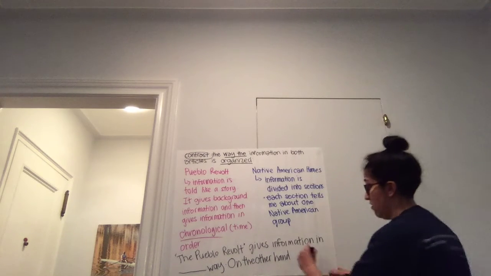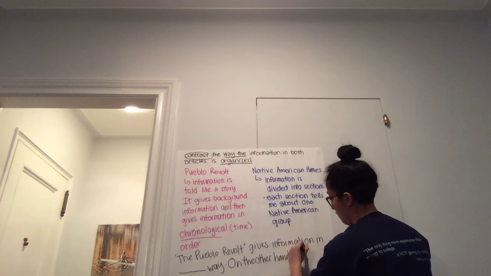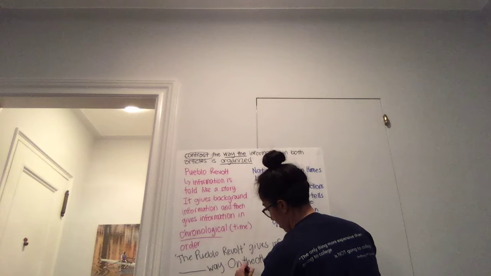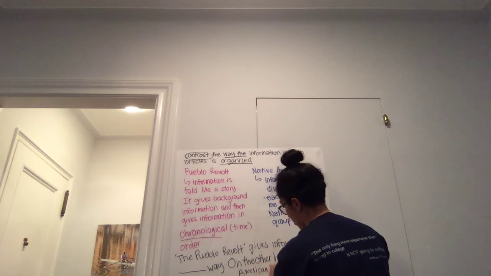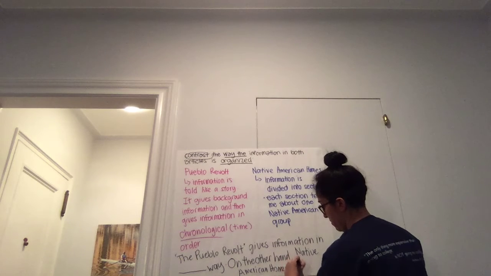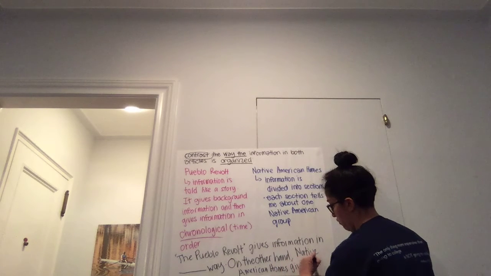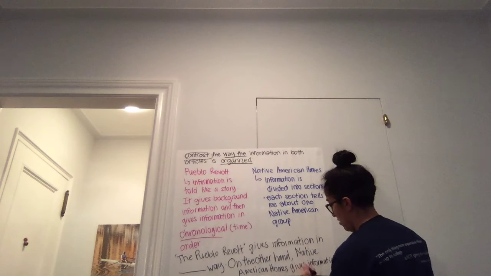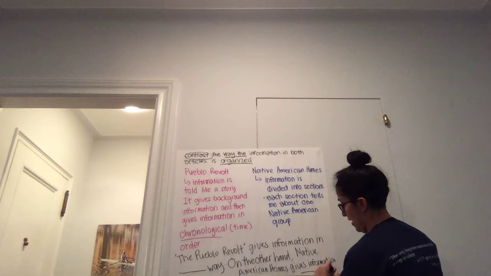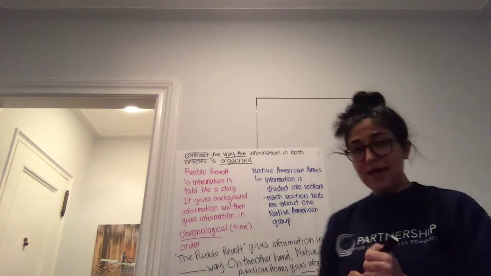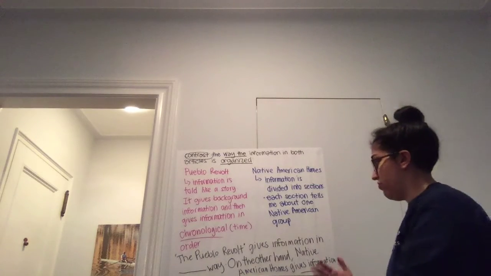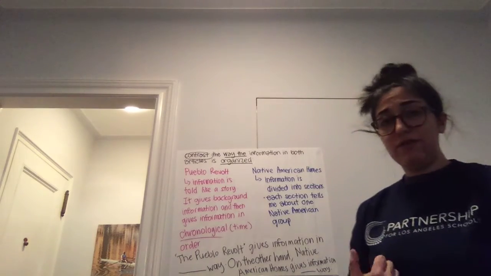On the other hand, Native American Homes gives information in blank way. How does it give the information, right? And then I might finish it up by saying these are the two differences between how the information is presented.